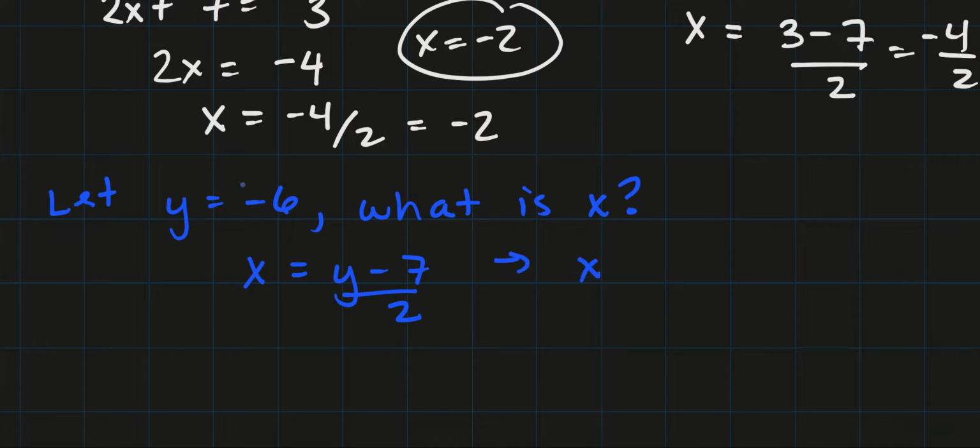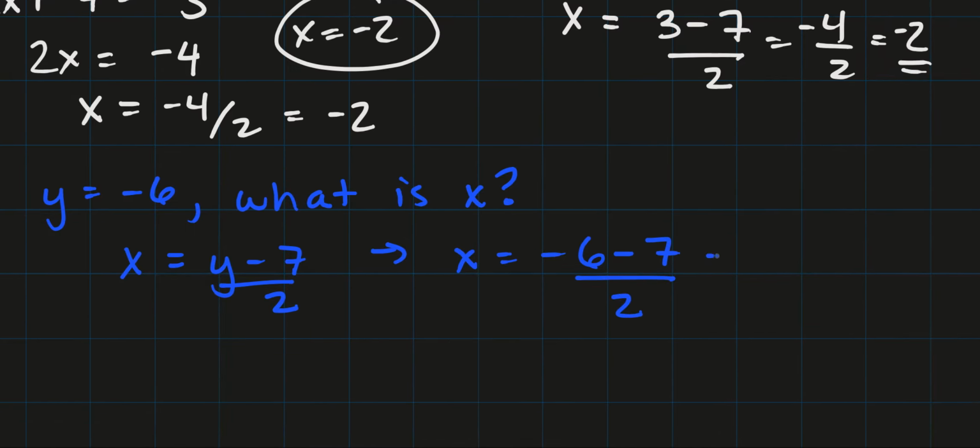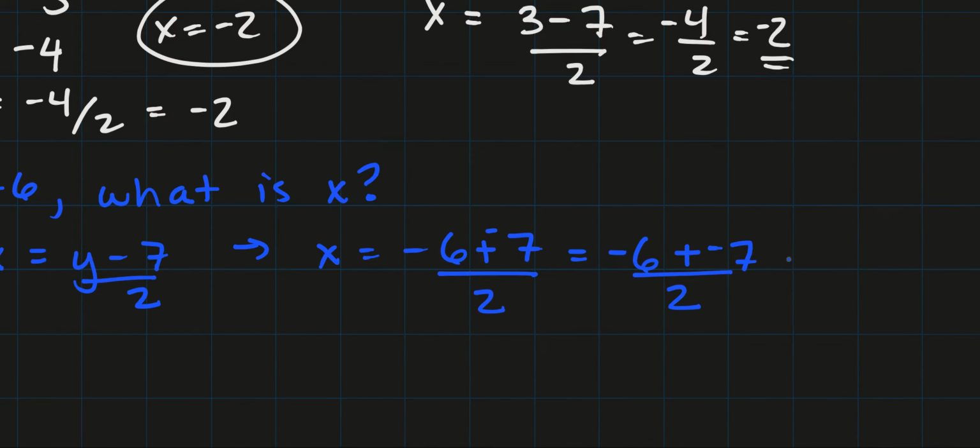So then plugging in -6 for y. Okay, now we have -6 minus 7, which I'm going to make it as -6 plus a -7. Remember, you change this sign and change this one, divided by 2. Okay, so this is -13 divided by 2. And you can leave it just like that. That's what x is going to equal.